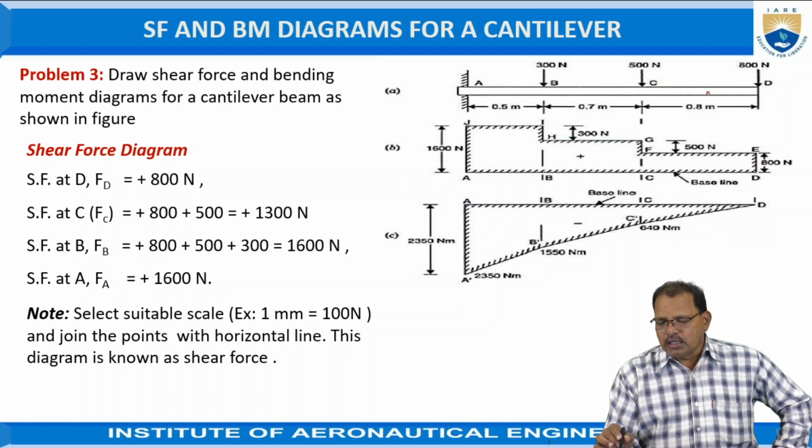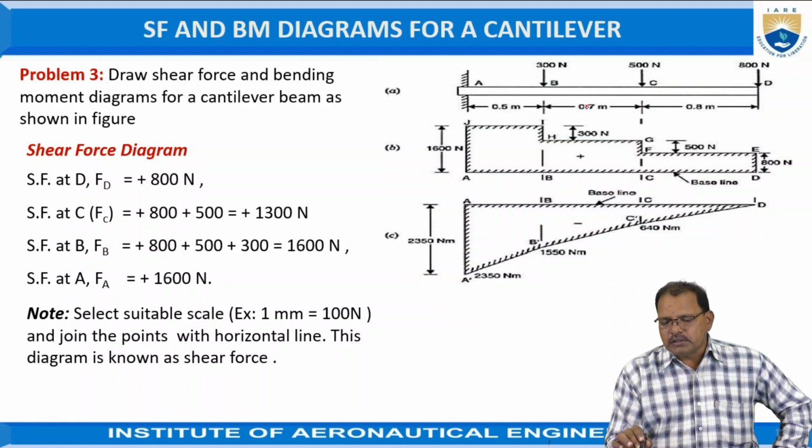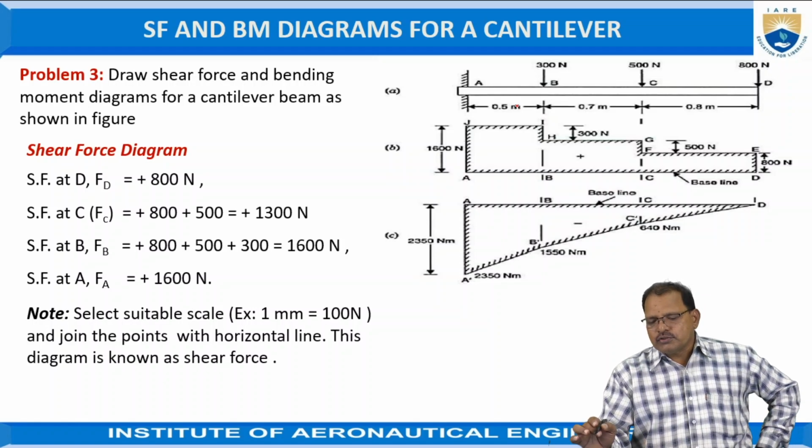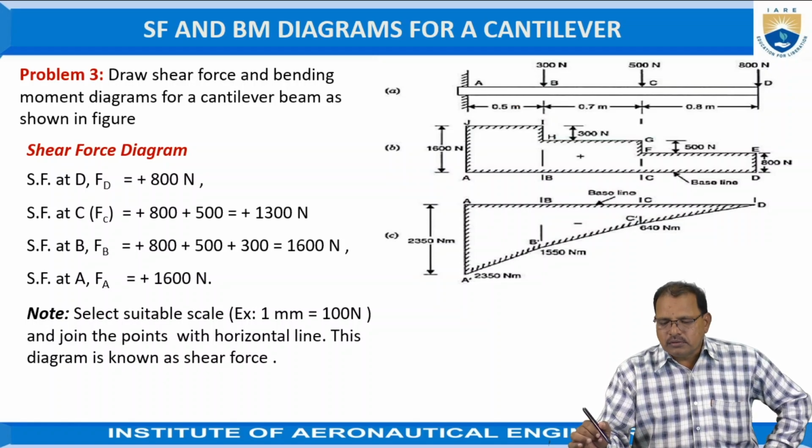At C, that means 0.8 meters from the D position, a load of 500 newtons is acting downward. Again at B, that is 0.7 meters from C, 300 newtons is acting downward. We have to draw the shear force diagram for this beam when it is subjected to 3 types of forces as shown in the figure now.